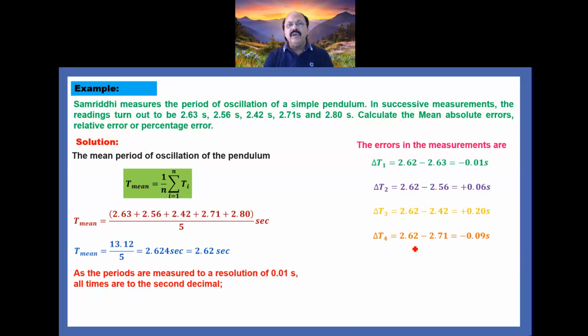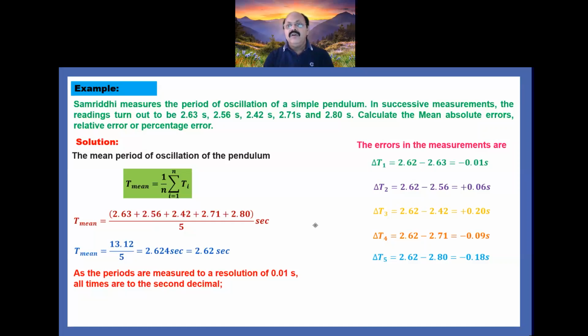Delta T4 equals 2.62 minus 2.71, which is minus 0.09 second. Then delta T5 is 2.62 minus 2.80, which comes to be minus 0.18 second. So these are the errors.